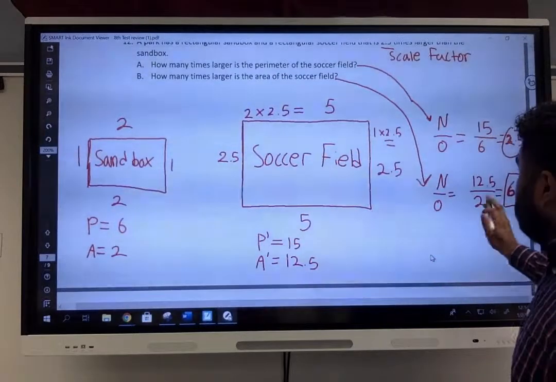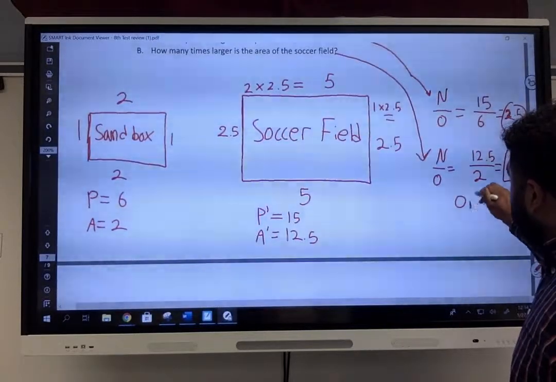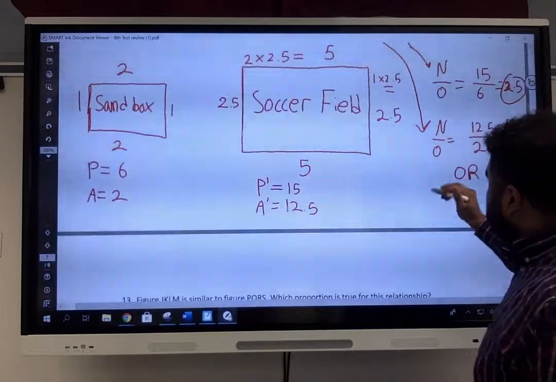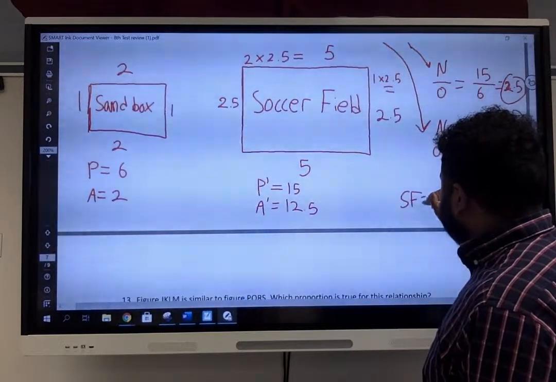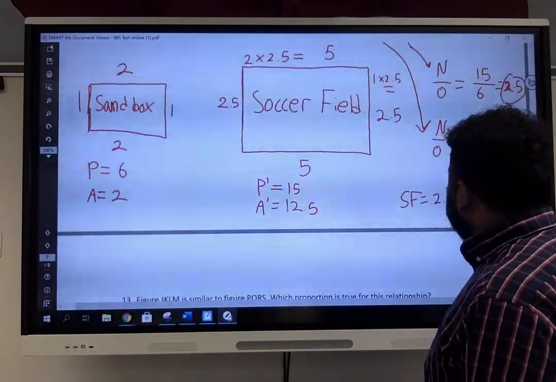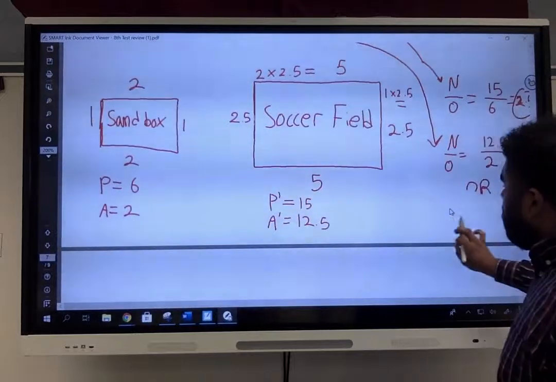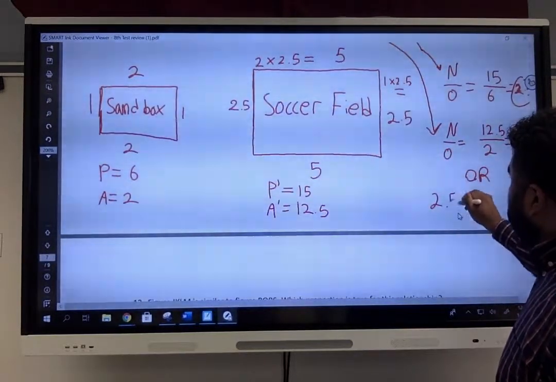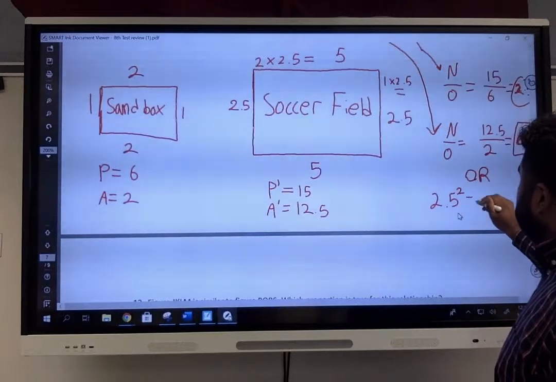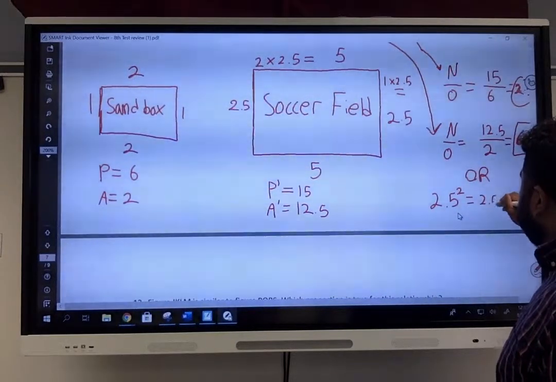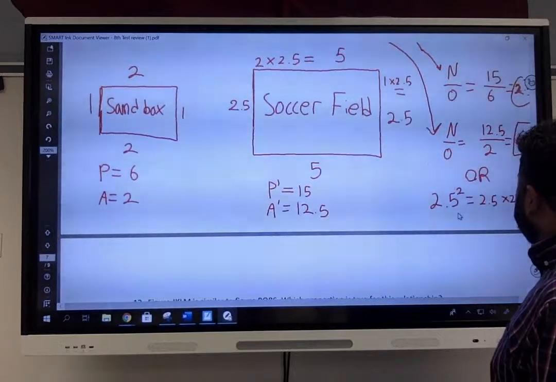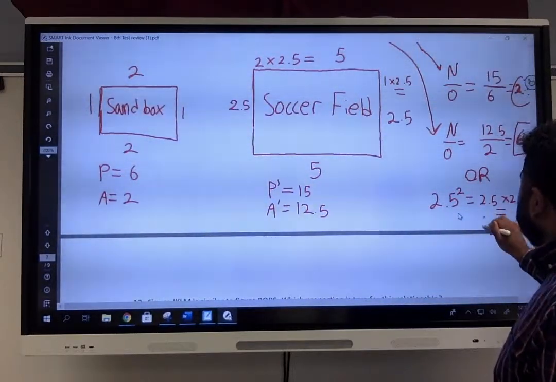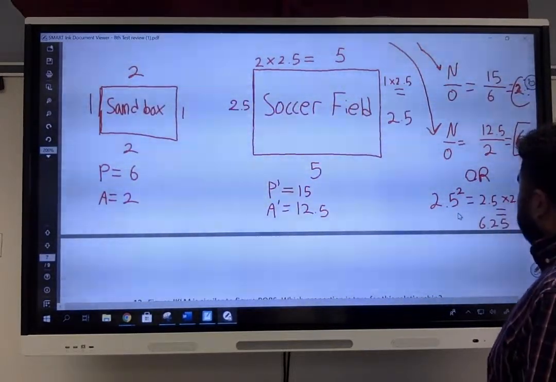Or you can take your scale factor, which is 2.5. If our scale factor is 2.5, all you have to do to find the area change is square it, which means 2.5 squared is 2.5 times 2.5, which equals 6.25.